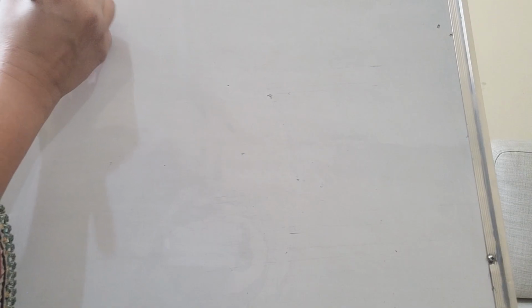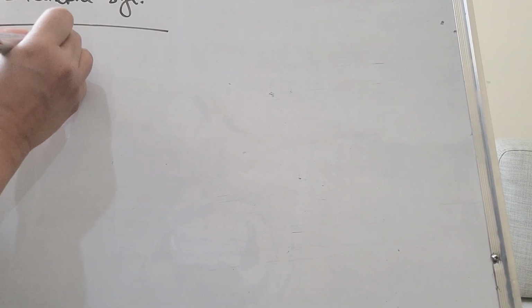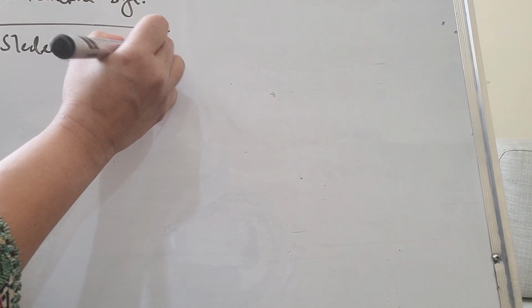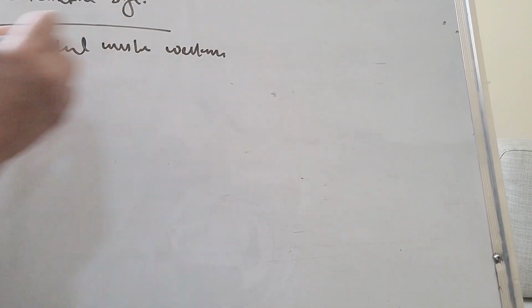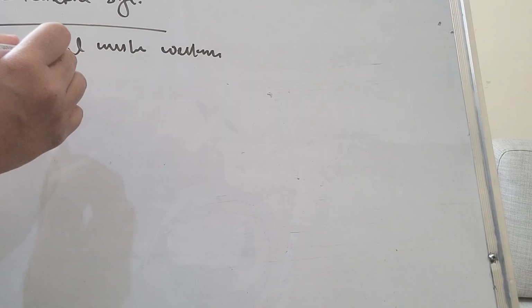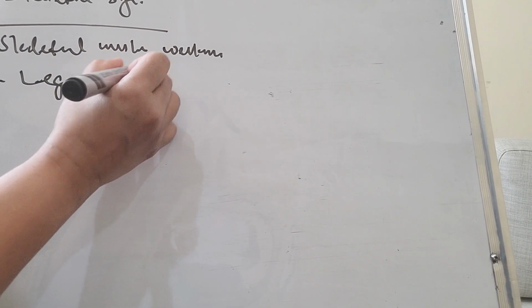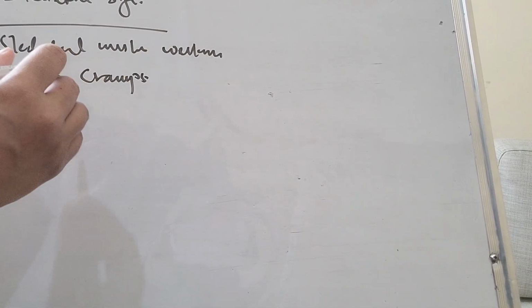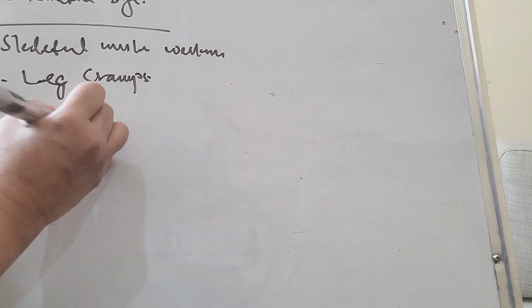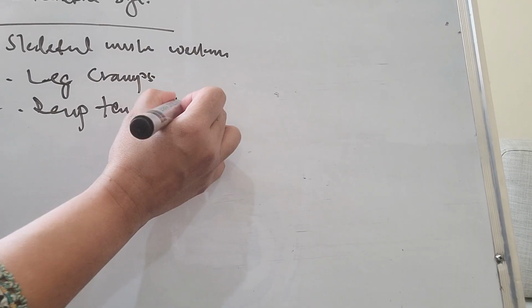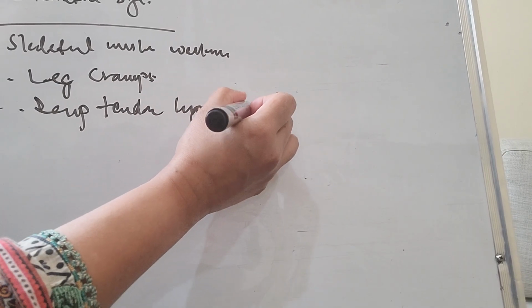Now the skeletal system. How is the skeletal system affected by hypokalemia? Skeletal muscle weakness. Leg cramps. The patient will feel leg cramps. Deep tendon hyporeflexia.